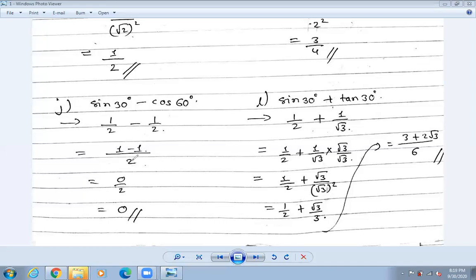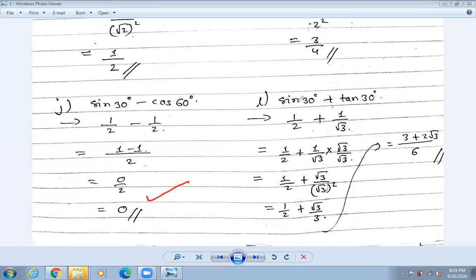It is 2. You take the LCM of the denominators. If the denominators are the same as the LCM, write down the upper number. So 1 minus 1 is 0, and 0 divided by 2 means 0 is our answer.